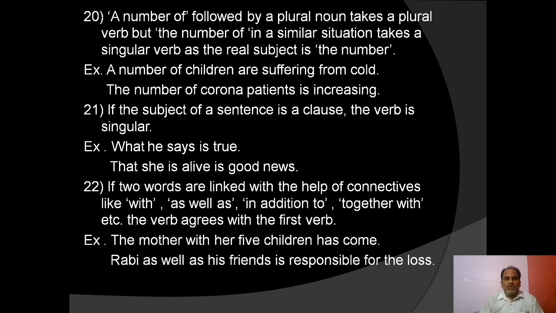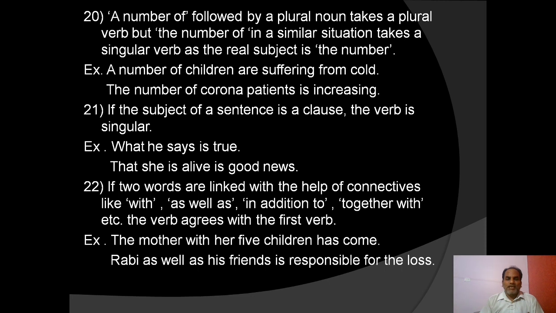Then let us discuss another one. If two words are linked with the help of connectives like with, as well as, in addition to, together with, etc., the verb agrees with the first noun. The mother with her 5 children has come. Here the verb has agrees with the mother.